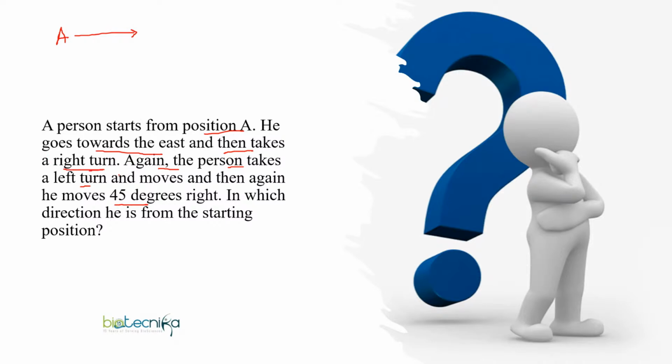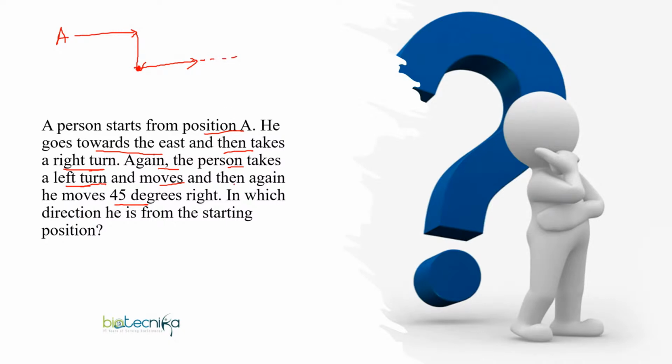So from here, he is taking a right turn. And then the person takes a left turn. So from this point, the left turn will be this side. And moves. So that means from here, he has started moving.